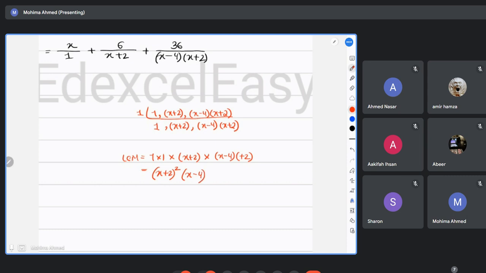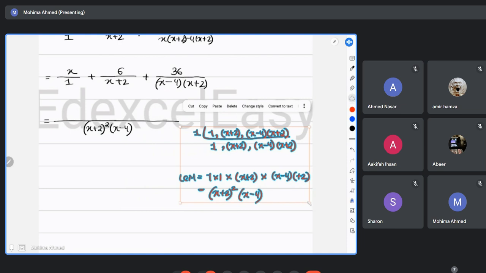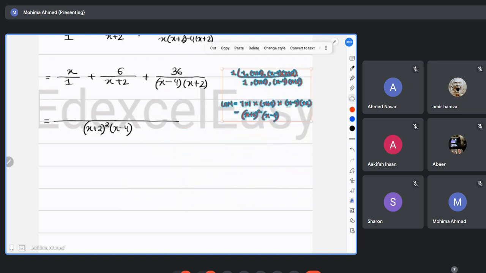That is your entire LCM process for this case. That means the final denominator turns out to be x plus 2 whole square, x minus 4. I'm going to take this and write it small and keep it over here.